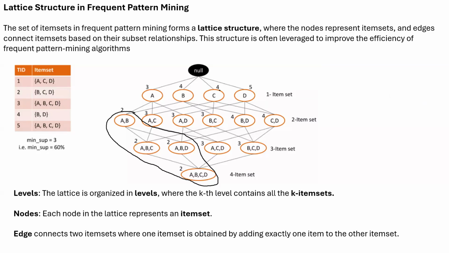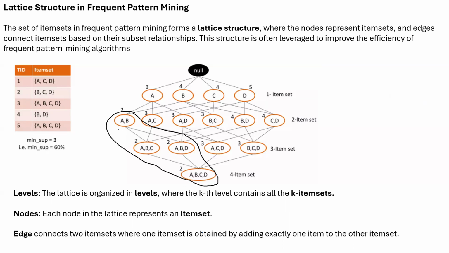If you come to ABC, for item set AB, you're just adding exactly one item, which is C. So we are getting the item set ABC by adding exactly one item to AB. So that is what it actually means.